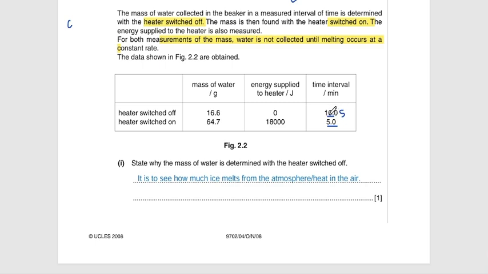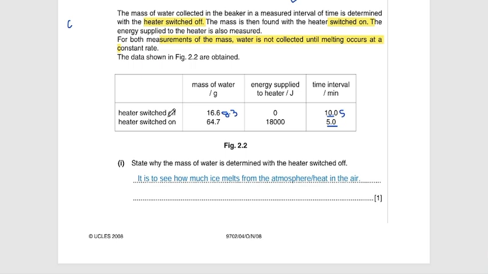So if I want to find it for 5 minutes, I have to divide this by 2, which is going to give me 8.3. So I can say 8.3 grams of water was collected with just the atmospheric air, but then when I turned the heater on, 64.7 was collected. And I want to make it clear that this 64.7 grams is not just from the heater.